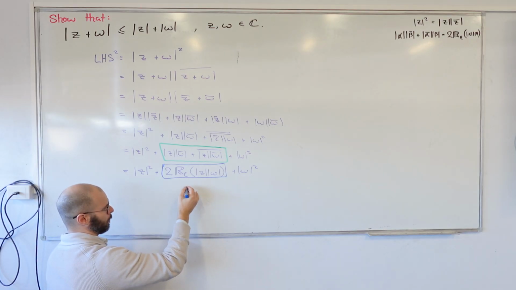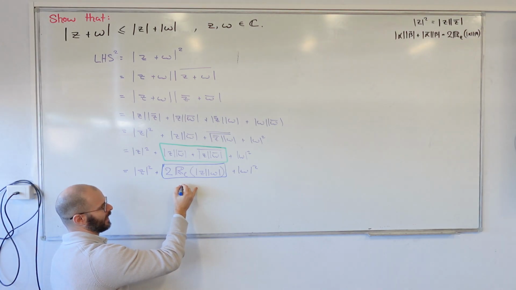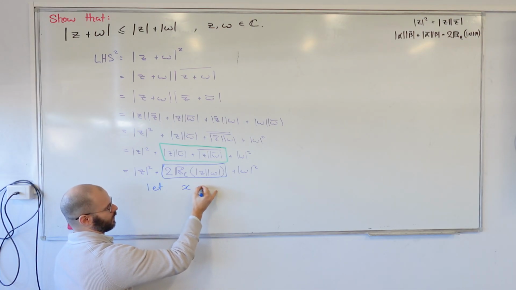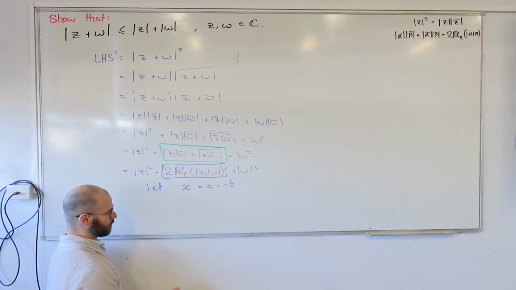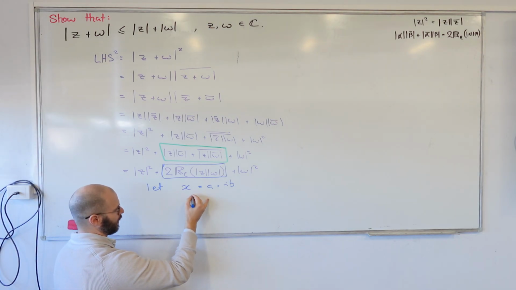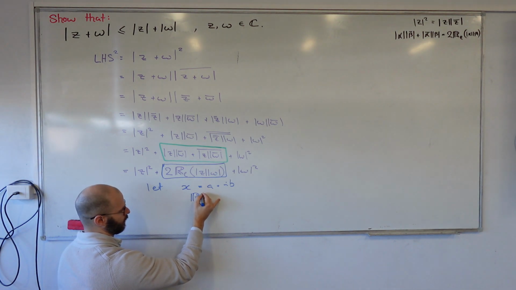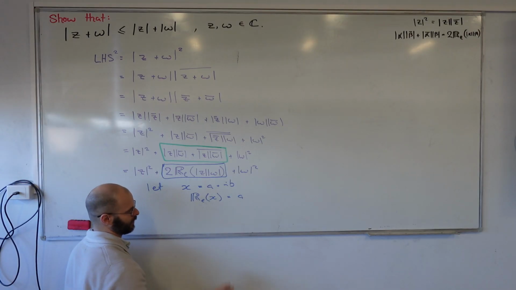Suppose we have, let's say x is a complex number, and let's say it's a plus ib. If we've got x equals a plus ib, then the real component of x is just going to be a.